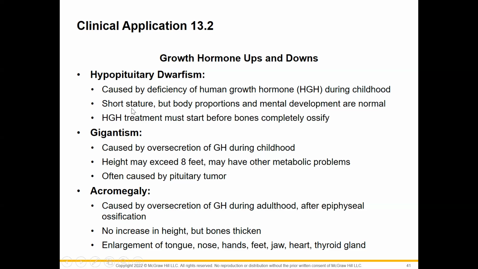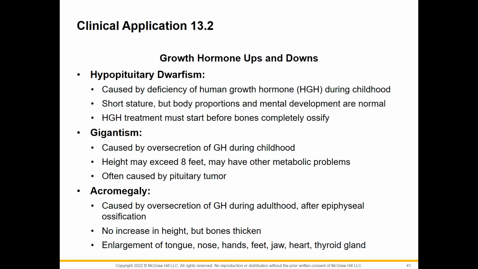So there's a short stature in these dwarfs, but their body proportions and their mental development are normal. So these would be the people that are just extremely short, but they have what we consider normal body proportions.